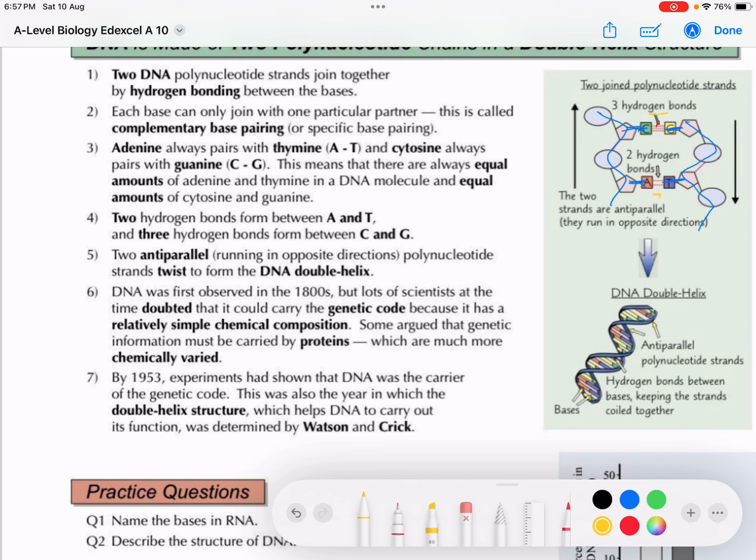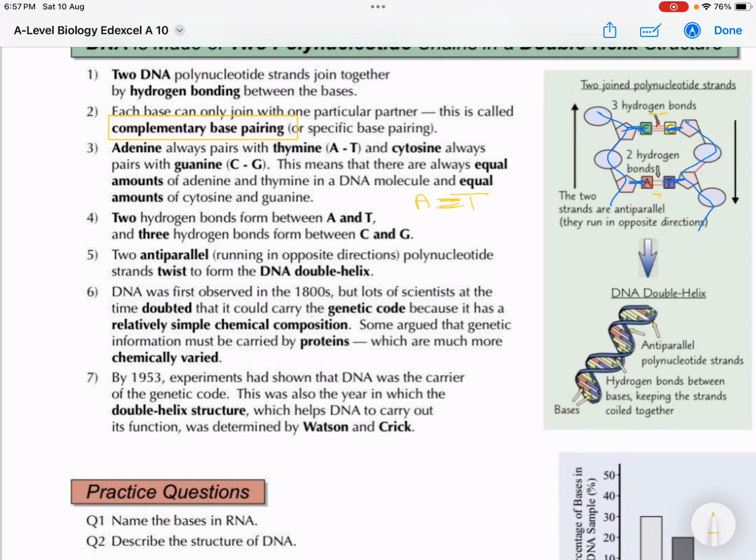So as you see here, we call this, guys, complementary base pairing. Whenever you see adenine, it's always connected to thymine. This connection is through two hydrogen bonds, okay? While cytosine is always connected to guanine through 3 hydrogen bonds.